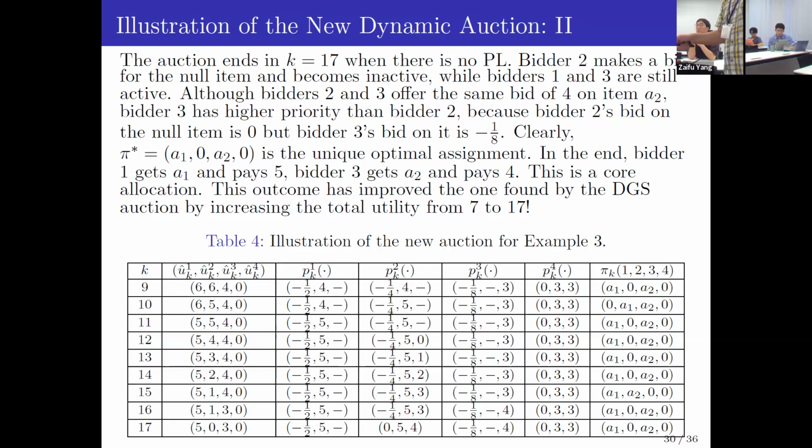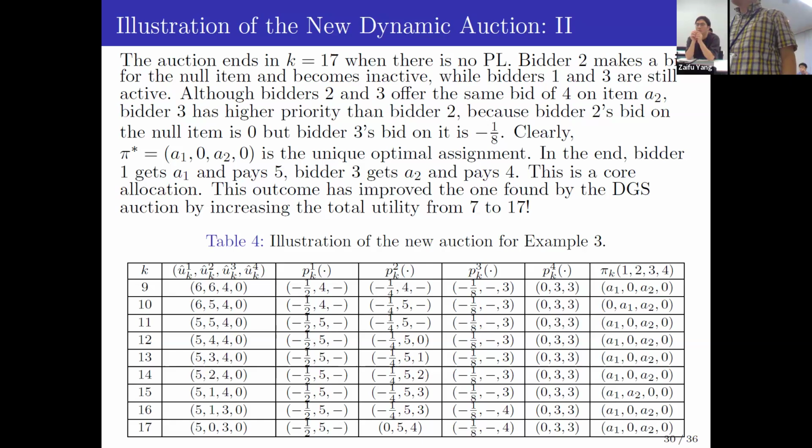Here you can see that item 1 should be assigned to bidder 1, and item 2 will be assigned to bidder 3. In this way, the trade has improved quite a lot, from 7 to 17. So you can see this change.